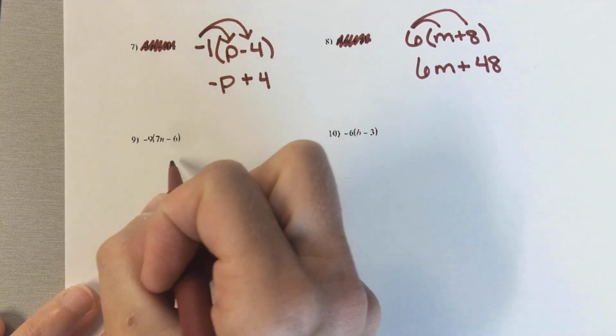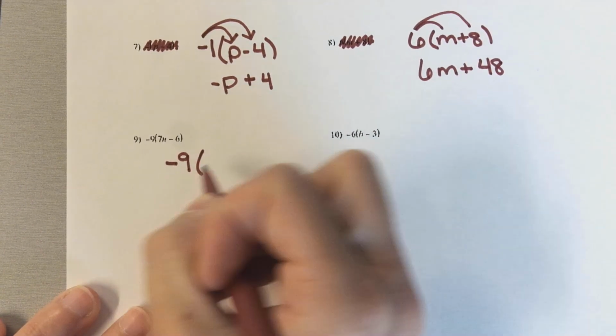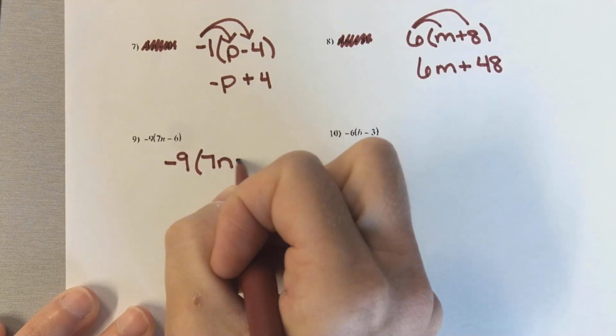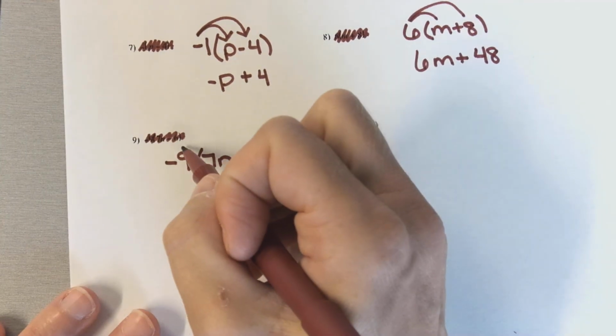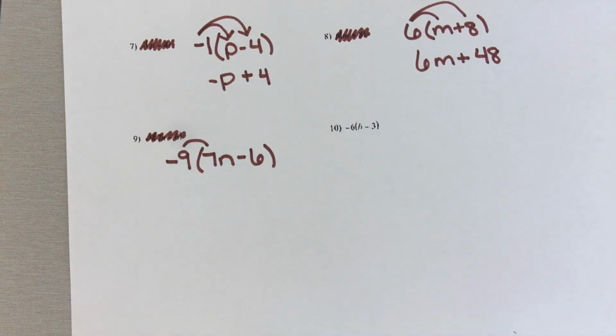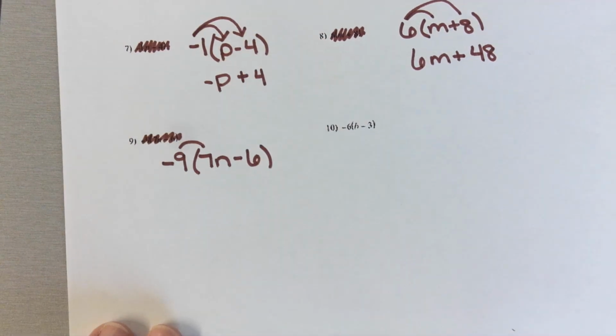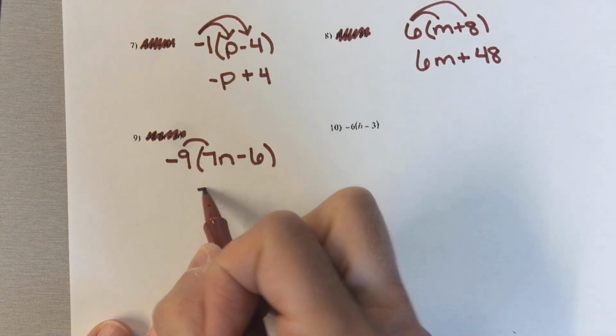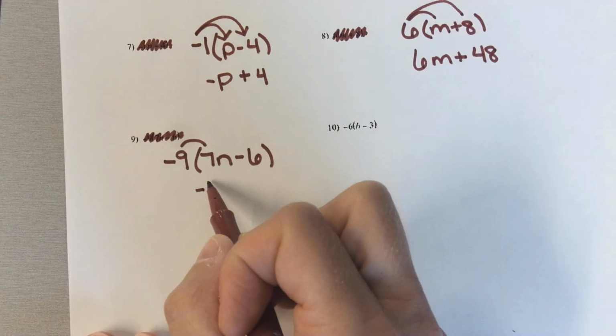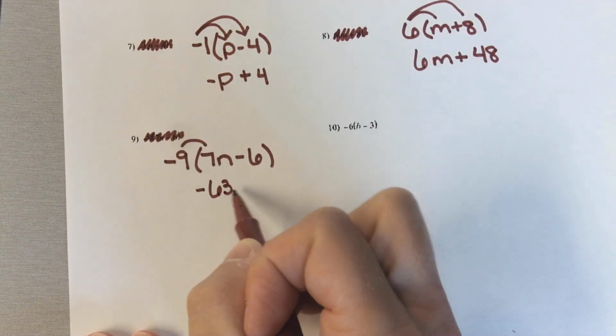Alright, anyways. I'm gonna say negative 9 and I'm gonna say 7n minus 6 for this one. Alright, negative 9 times 7. So negative times a positive. Negative 63. You read it backwards, not 36 but 63.